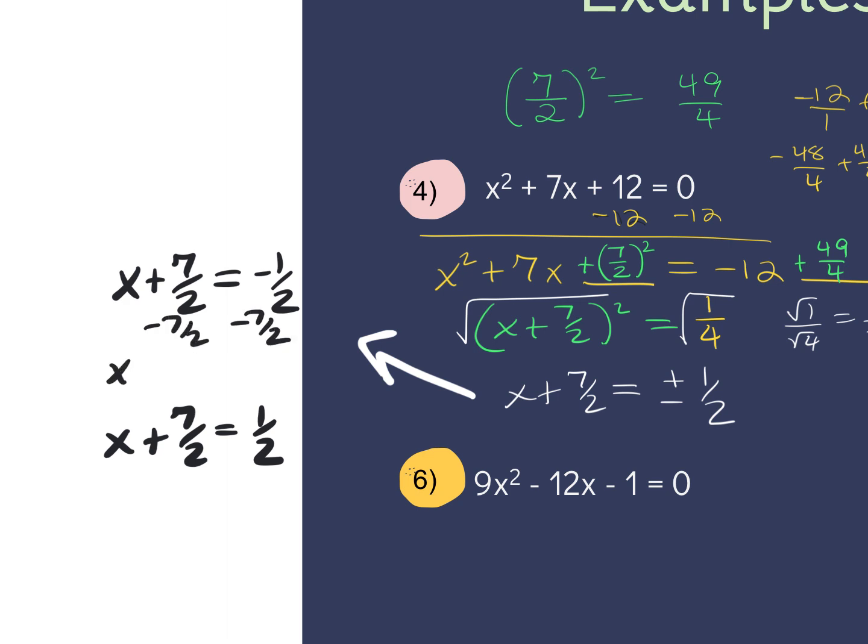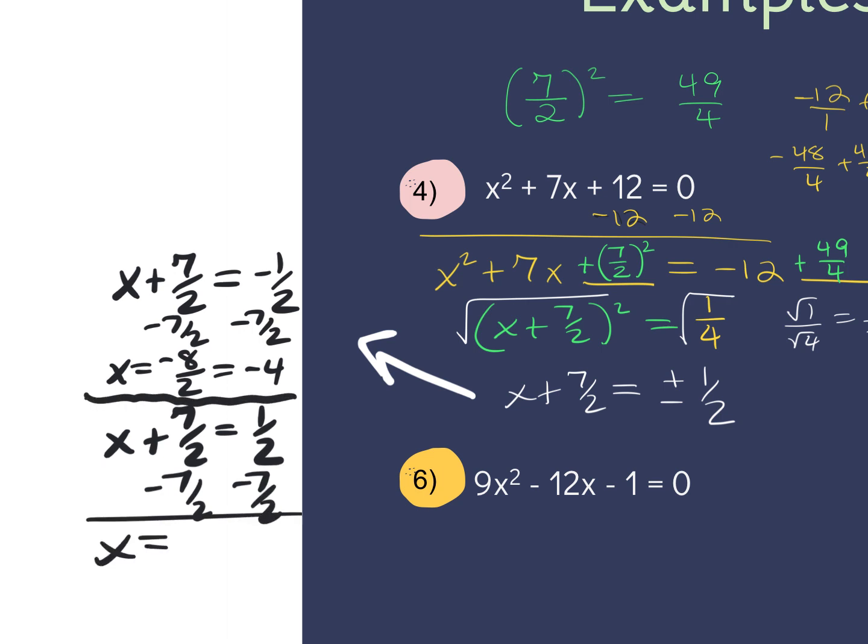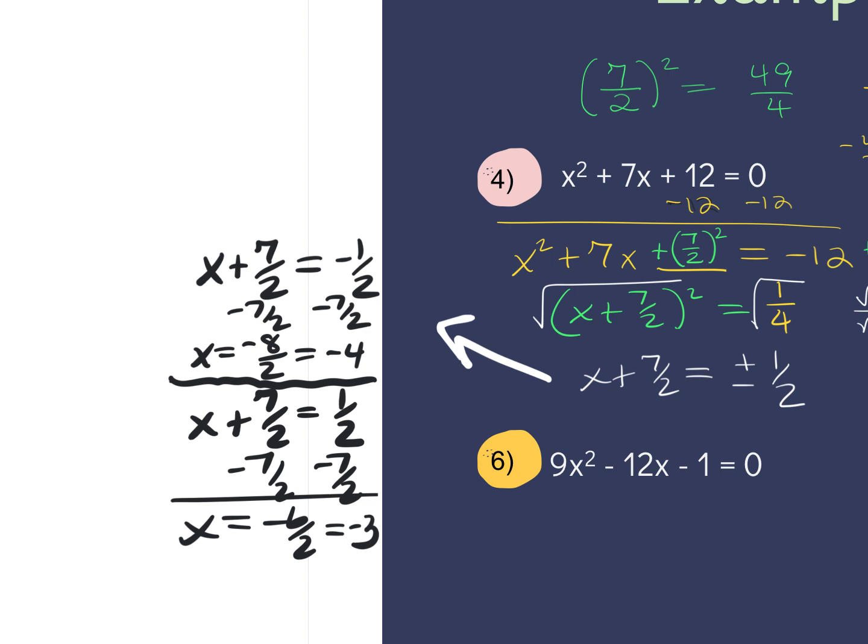This gives me x equals negative 8 over 2, which is negative 4. Over here, subtract the 7 over 2 on this one. I get negative 6 over 2, which simplifies to negative 3. So my two solutions here are going to be negative 3 and negative 4. This is what x equals.